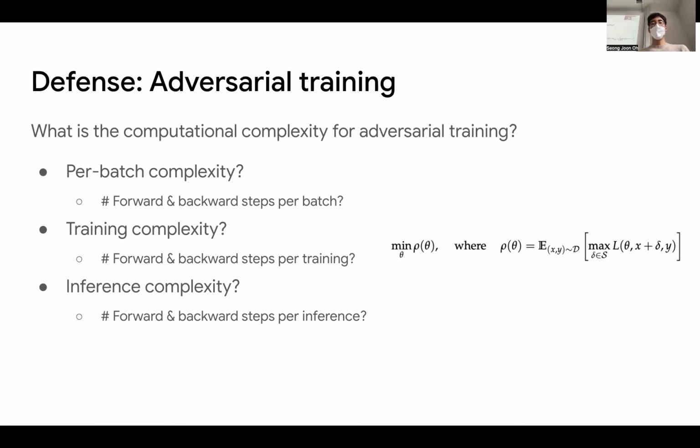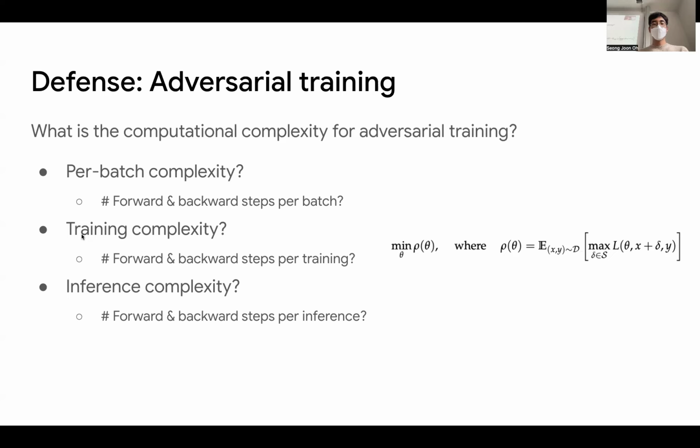That's it. But if you wish to adversarially train it, you have to do forward and backward passes for every step for finding the PGD sample. So depending on how many steps of PGD you do, you're adding T steps times the original number of forward and backward passes.